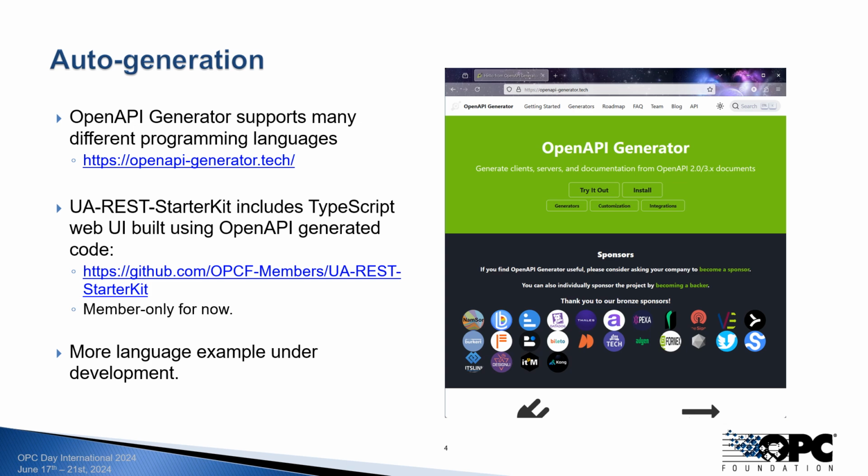It's in the member-only repository for now, but it will be available to the general public before the 1.05.04 version of the specification is released. We are also planning on developing some more examples in other languages, in particular Python.